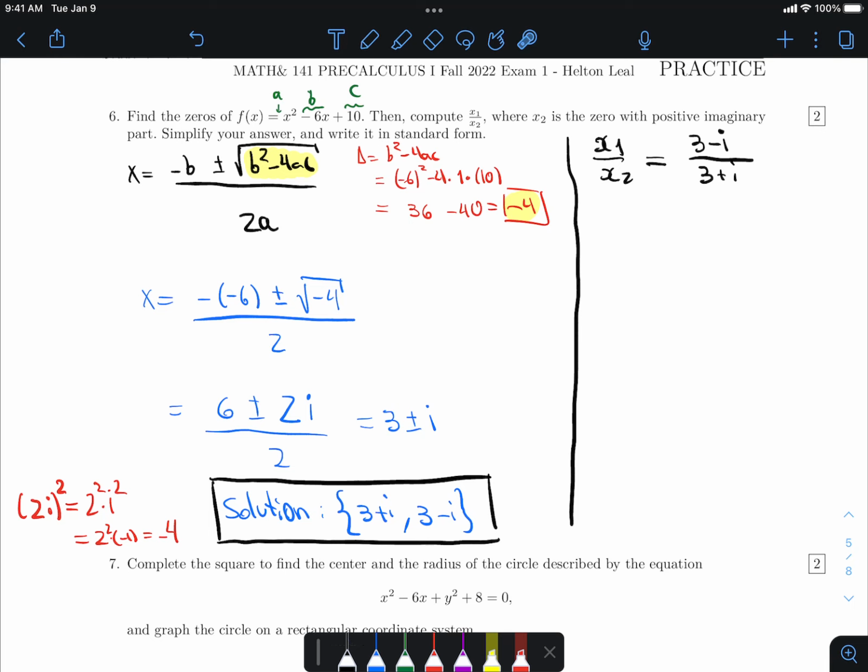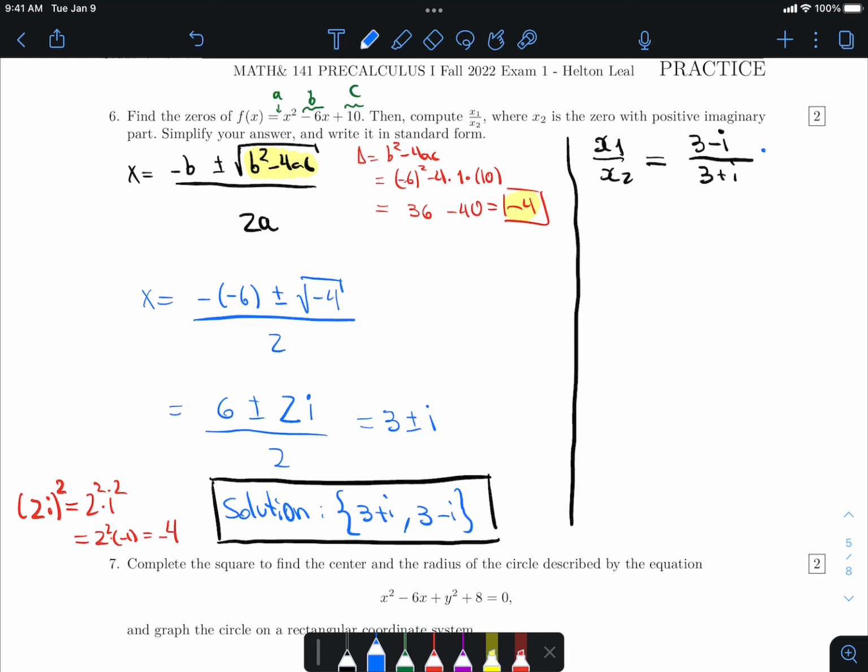So be careful with this part, because I could very easily change that and say x2 is the zero with negative imaginary part, or x1 is the zero with positive imaginary part. Or I can ask, instead of x1 divided by x2, x1 times x2, or x1 plus x2. So just be careful. Make sure you understand how to perform operations with complex numbers, so you're not surprised by this type of question in general.